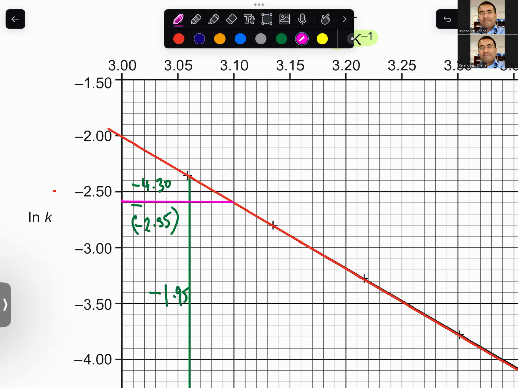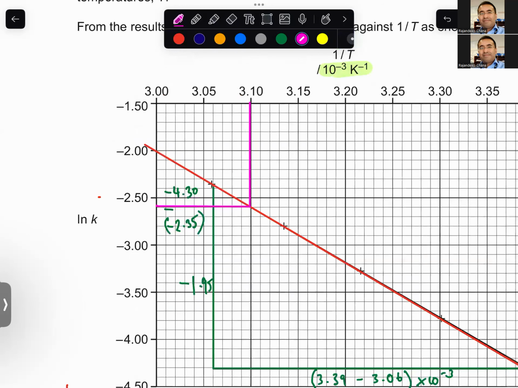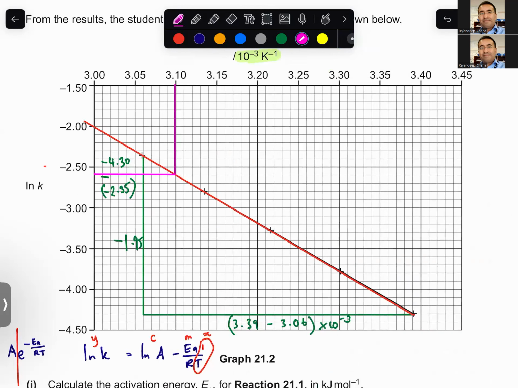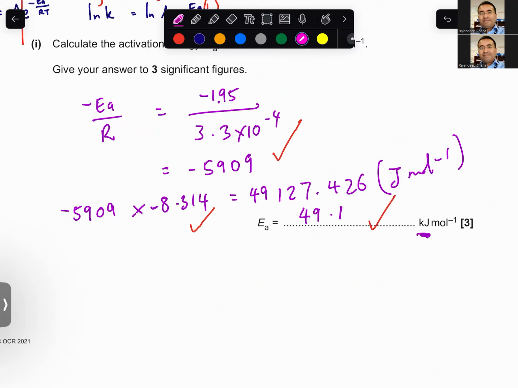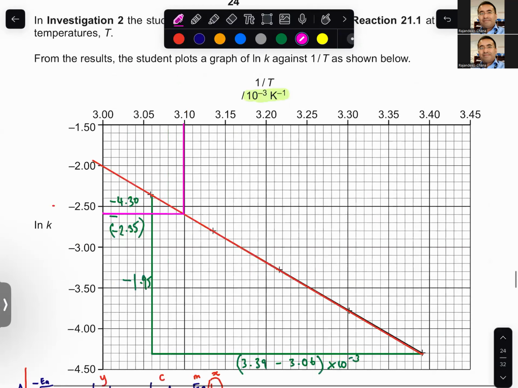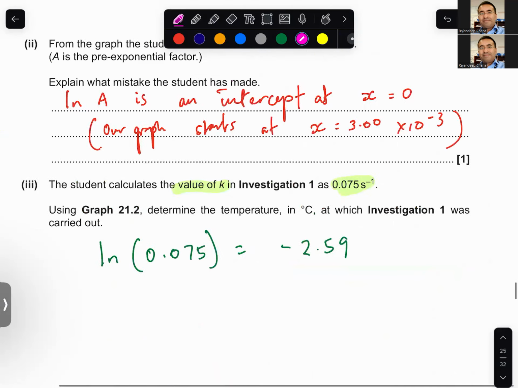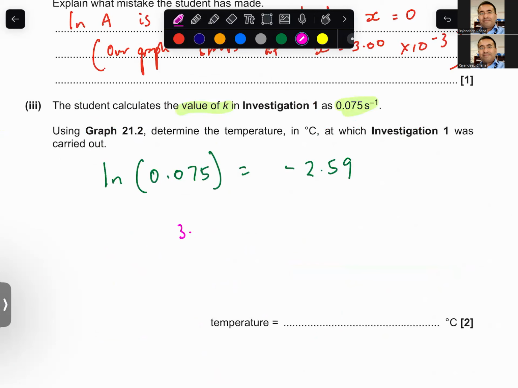There you go. And we just read off like so. So that will be 3.10, 3.10 times 10 to the minus 3. That is equal to 1 over t.